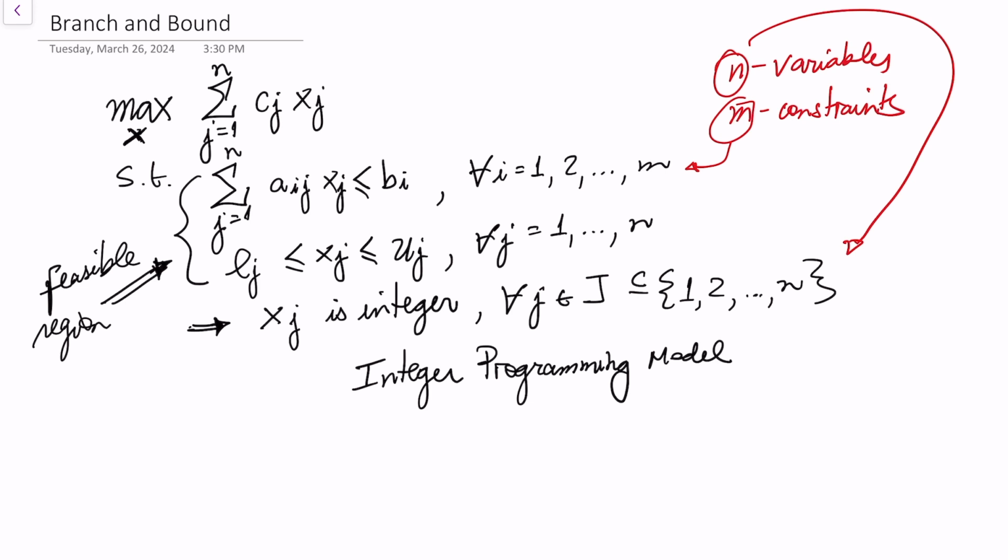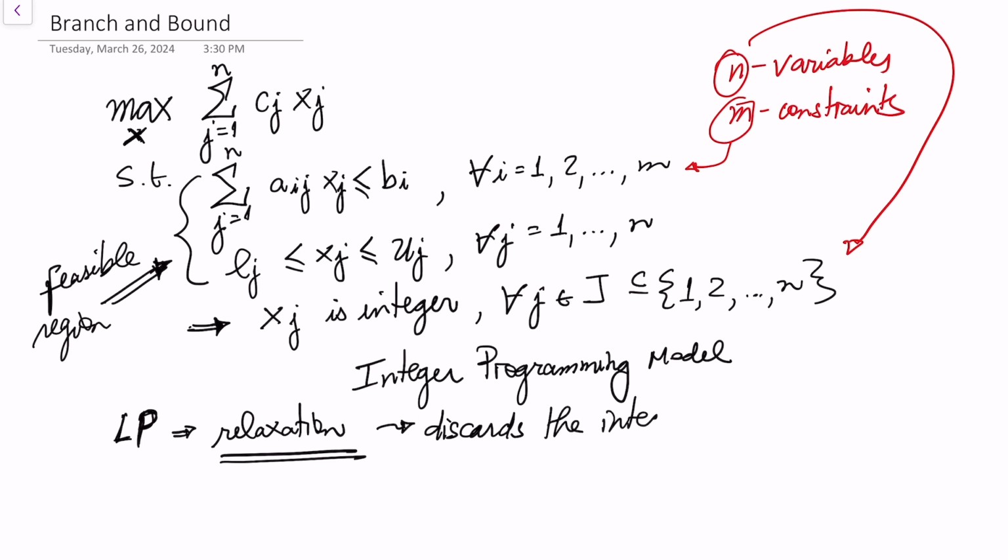Now we looked last class at a way that we could solve this problem as a linear programming. If we're solving this problem as a linear programming, we have what is called an LP relaxation of this original model. The LP relaxation of the integer programming discards the integrality assumption of the IP, right, of the integer programming model.